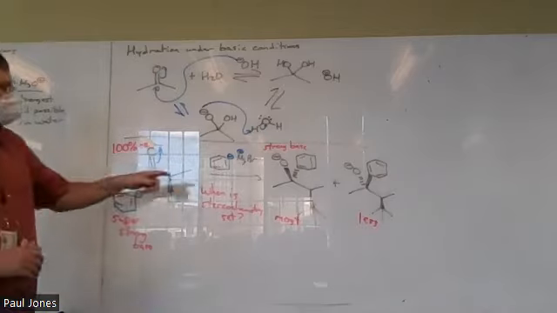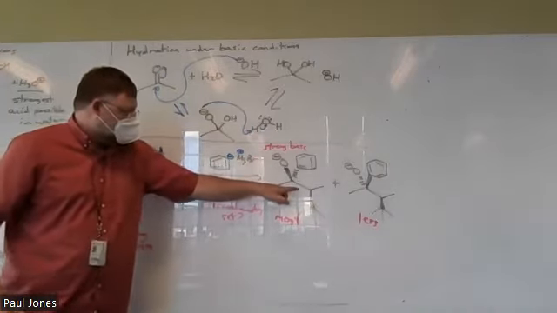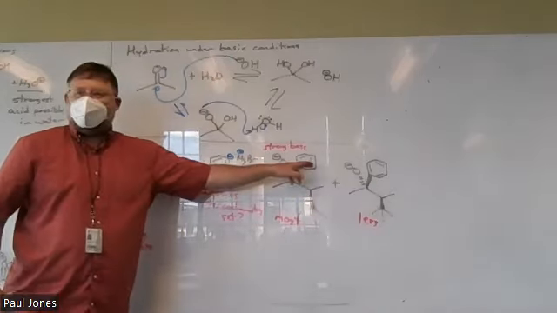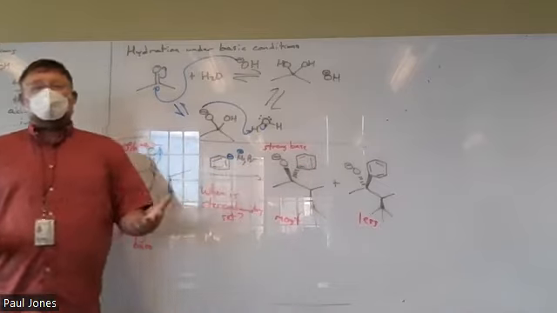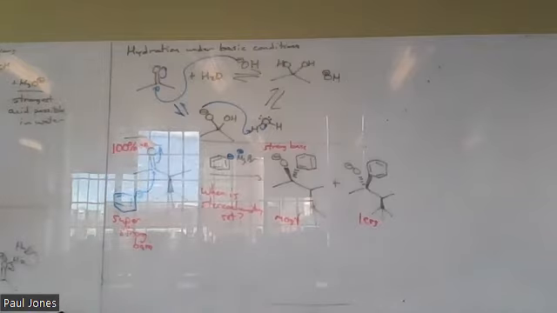To imagine going backwards, this O minus would have to make a pi bond and kick out a methyl minus, or it would have to kick out this big group minus, or it would have to kick out the phenyl minus that went in. None of those are plausible. You'd have to have an O minus kick out a leaving group that is one of the strongest bases known.